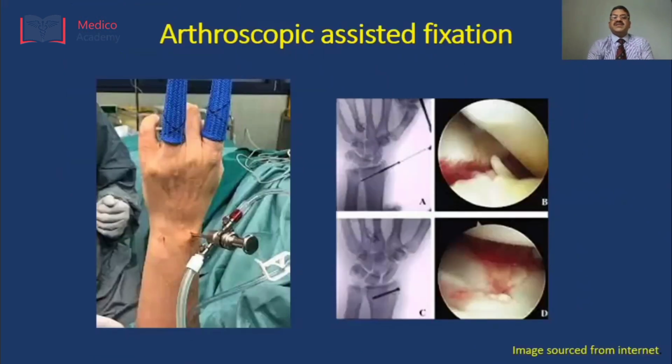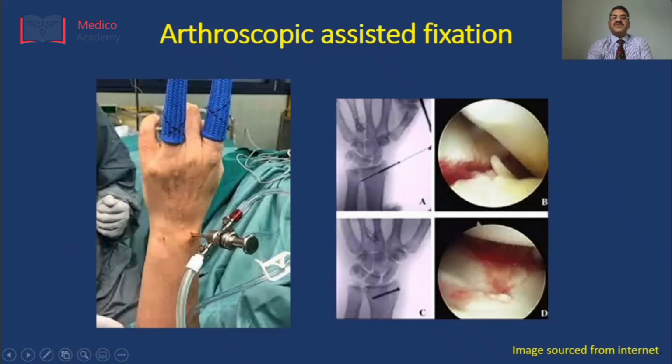And these are some post-operative X-rays of fragment-specific fixation, dorsal plating. Arthroscopic assisted fixation has been mentioned in literature, although it is not very common. There are only a very few centers which follow this routinely. It has some use in certain fracture patterns, and you can use dry arthroscopy to visualize the fragment and fix a large styloid fragment, for example, and also allows us to see the intra-articular alignment and make adjustments by joysticking the fragment.